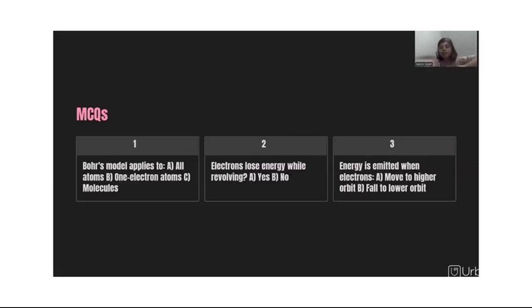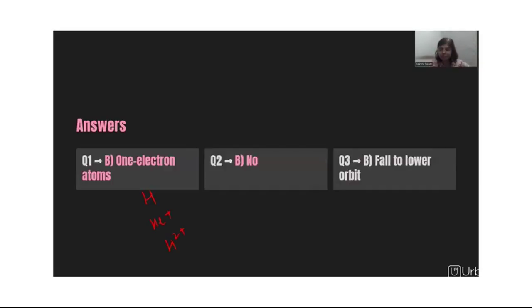That's the correct answer, option B. Actually, energy is absorbed when they move to a higher orbit. When they're coming down, energy is emitted out. So you can check the answers.